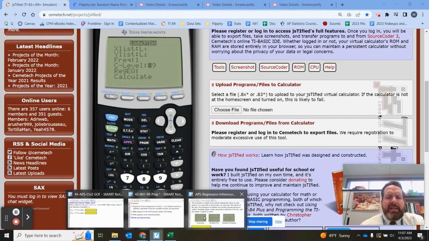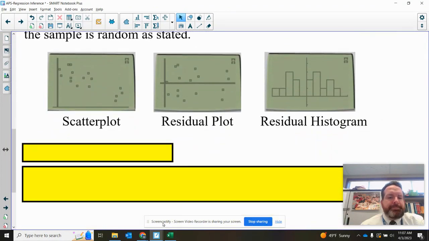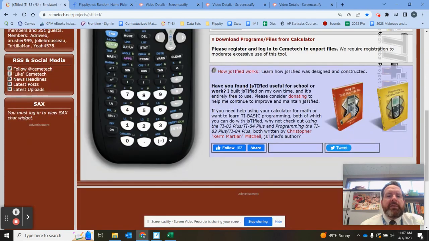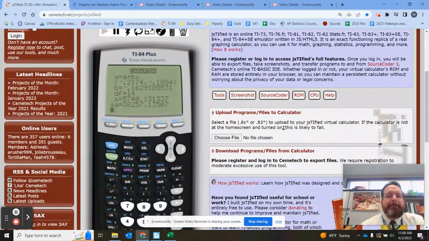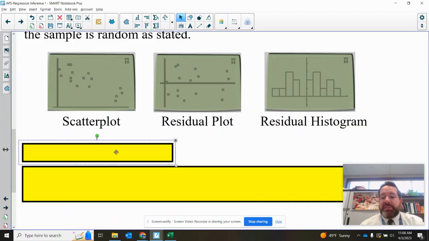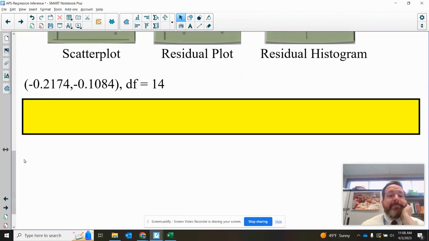And confidence level, I got to remember 90%. Okay, so 0.9, that looks good. Calculate. It's going to think for a little bit. And there you have it. Our regression slope, 90% confidence, is between negative 0.2174 and negative 0.1084 at 14 degrees of freedom. I would personally include the degrees of freedom there because sometimes they want to see that.